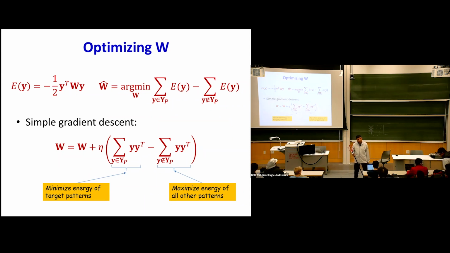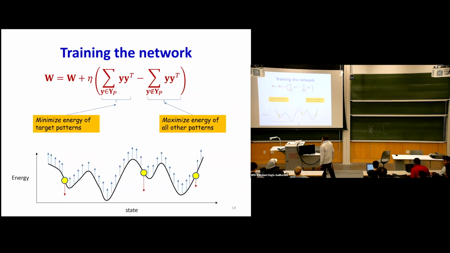The difference between these two is the gradient that we would need to follow to train the network. The first term minimizes the energy of the target patterns. The second term maximizes the energy of the non-target patterns.